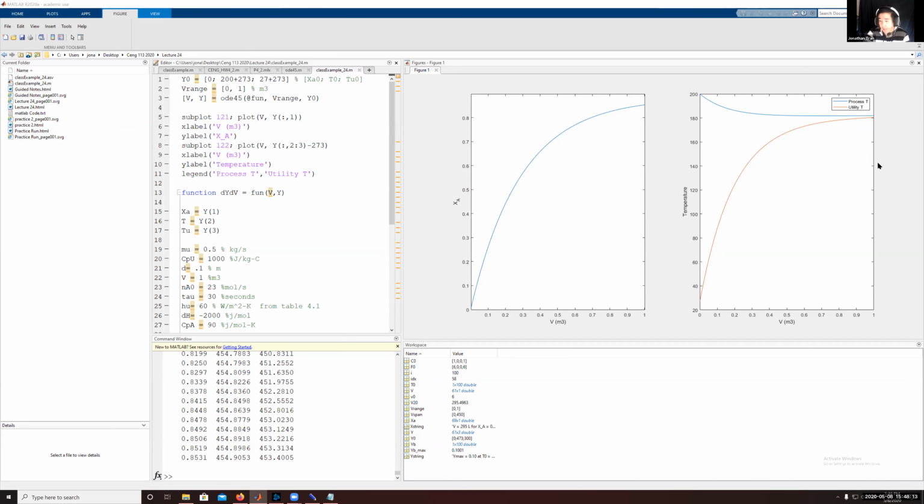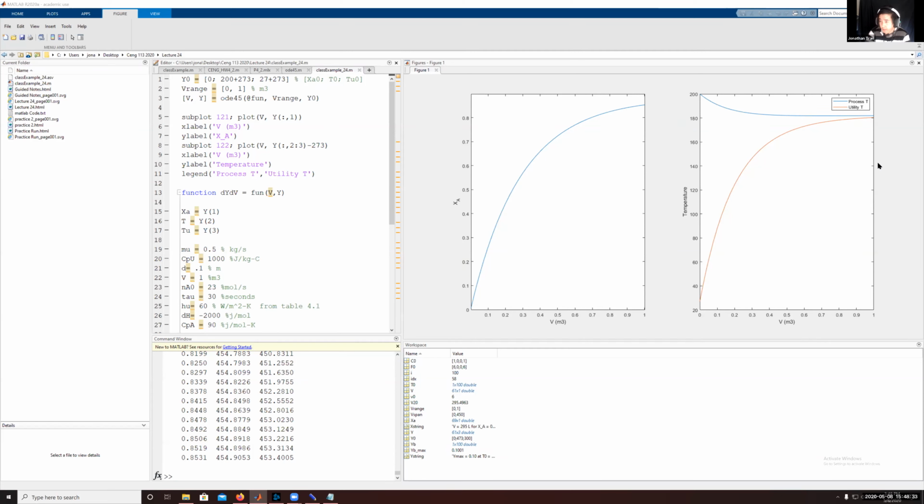Again, you can correlate the volume on the x-axis with the length of the PFR, which means that the further down the PFR you go, up until the maximum volume of our PFR of 1 meter cubed, the temperature changes. 1 meter cubed as a volume corresponds to a given length based on the diameter of our tubing.